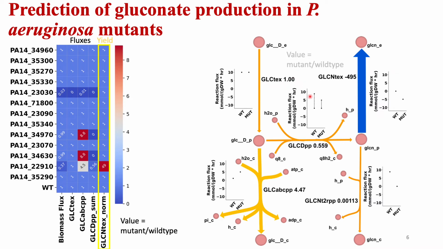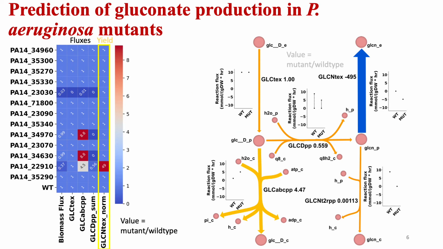We see that the gluconate secretion is higher in the mutant than in wild type, with only one flux value. This all suggests that for the mutant to grow optimally, it must secrete gluconate at the expense of biomass production, which is considerably lower than that of the wild type, as can be seen here in the heat map.